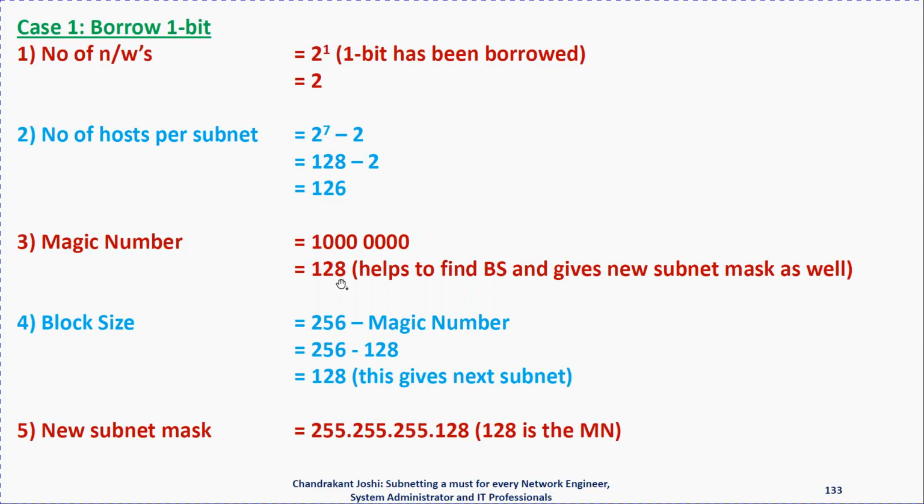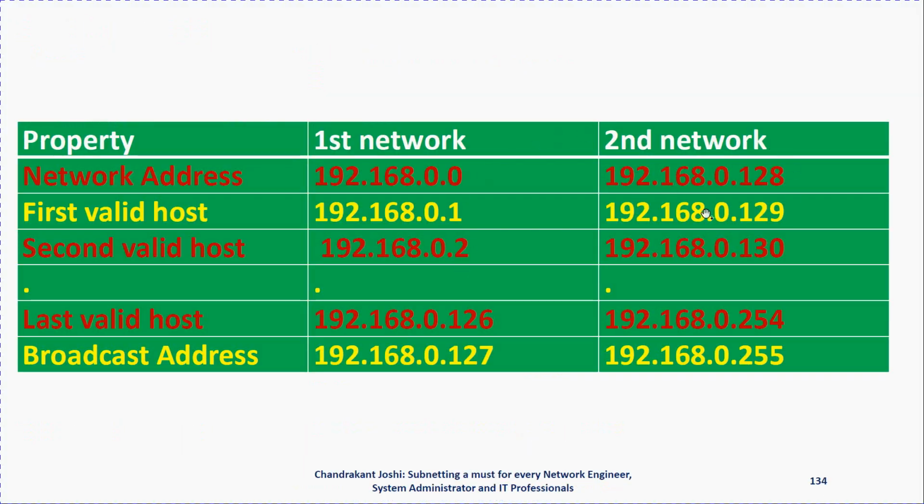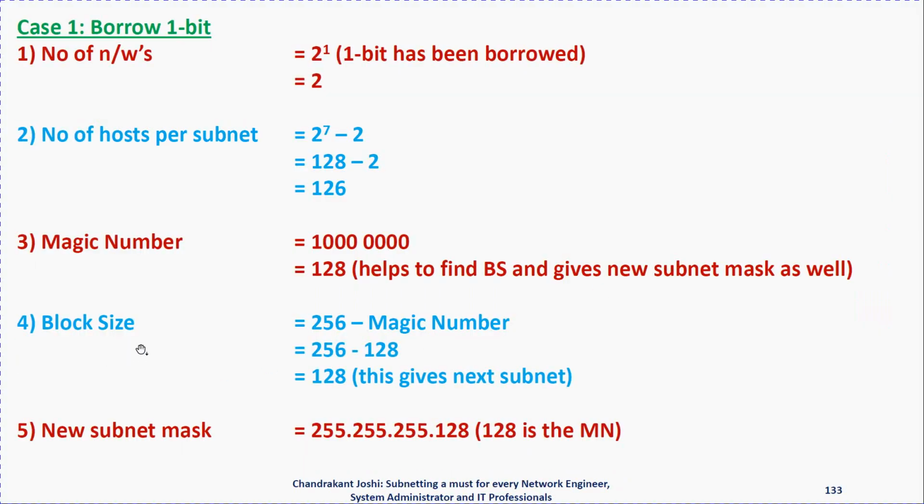Magic number is 128. How do I get this magic number? By looking at how many bits have been borrowed. So this is the binary of the magic number, and we need to find the decimal. Then we need to find the block size to find what is our second subnet.